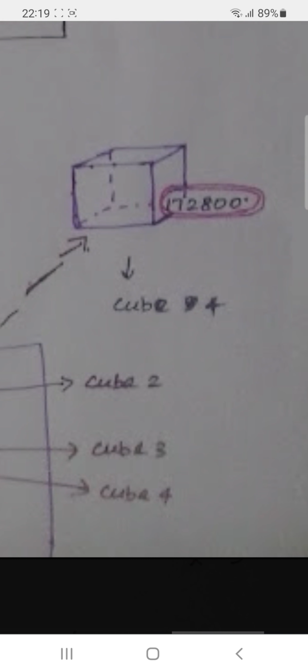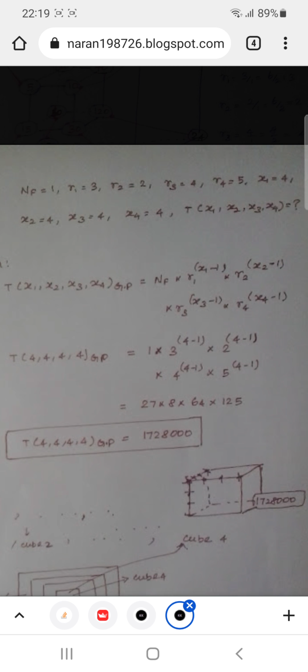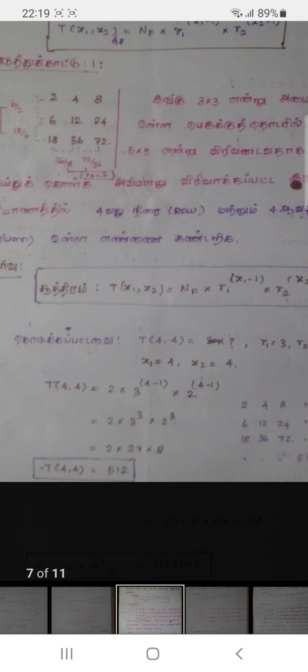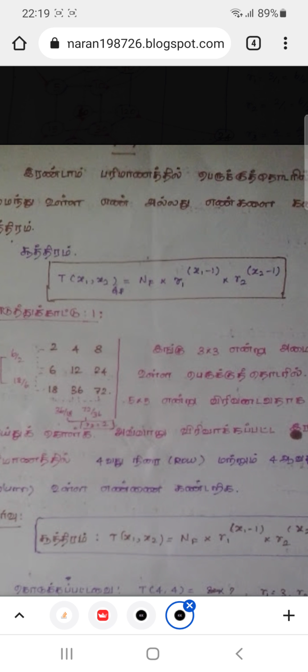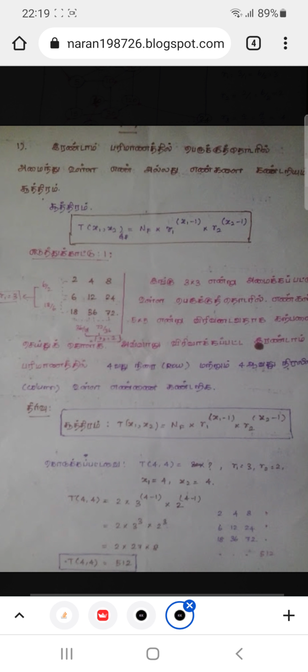Cube 1 will be like this, then cube 2 like this, and it continuously grows into cube 4. The cube 4 value at the end will be like this. In a similar way, we can achieve any dimensional value using these formulae.